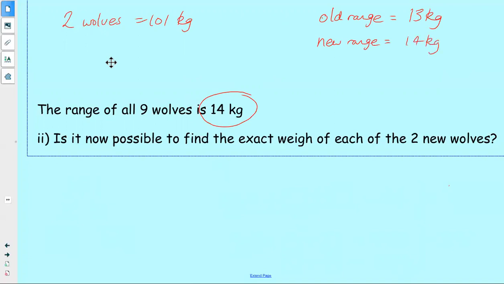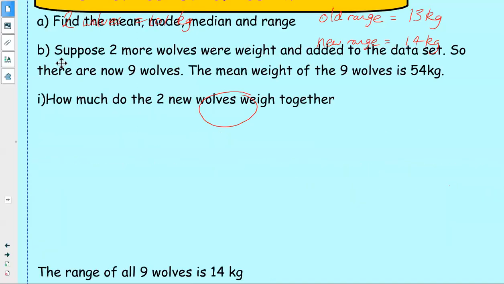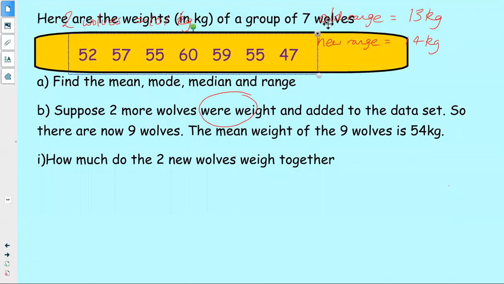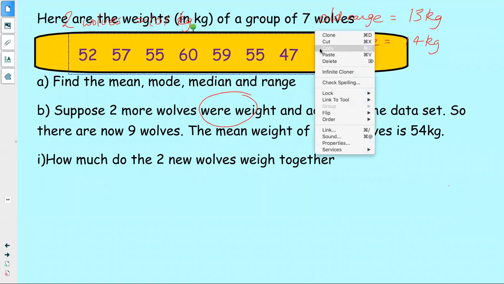So that means at least one of the new wolves must have the new highest or biggest weight, or they must have the new lightest. It has to be the new heaviest, is probably a better word. One of them now has to be the heaviest wolf, or one of them now has to be the lightest wolf.